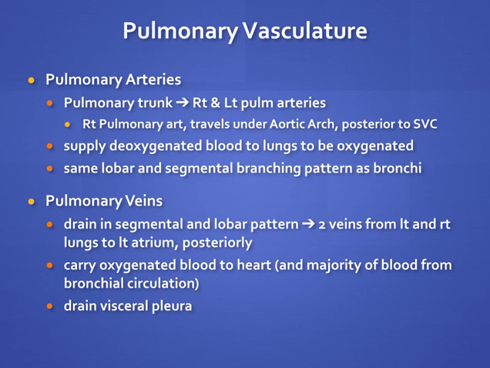So talking about the pulmonary vasculature, the first thing you need to really understand is that the lungs have a dual blood supply. They have the pulmonary arteries and veins, which are going to be supplying blood that is going to be oxygenated and then carried back to the lungs.